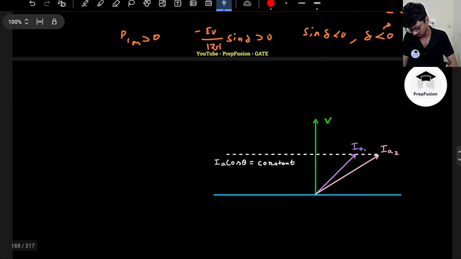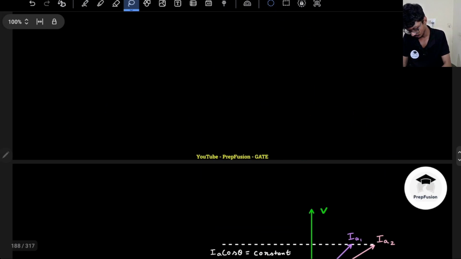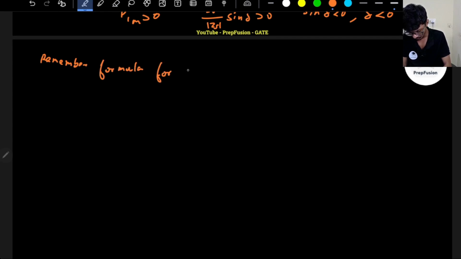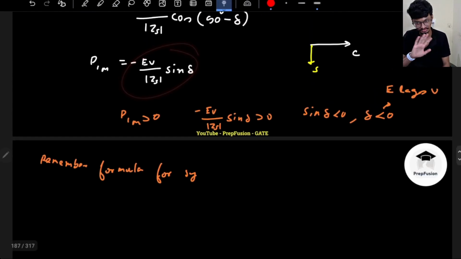Again it is coming. I don't know what is happening. Remember the formula for the synchronous generator. Only two, very simple. This active power formula only you remember, right? Other things no need to remember.